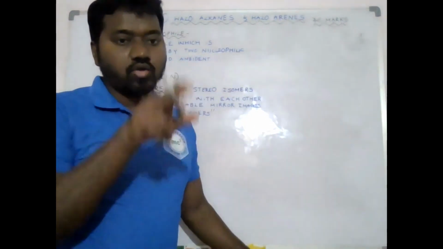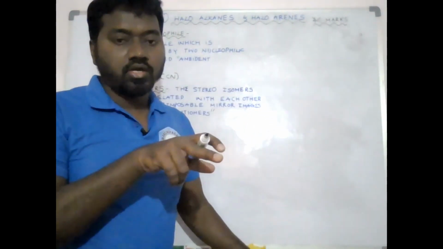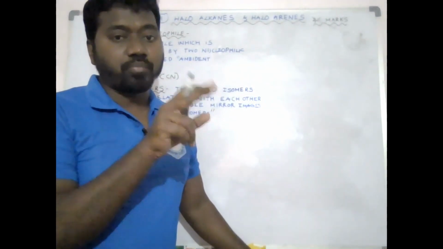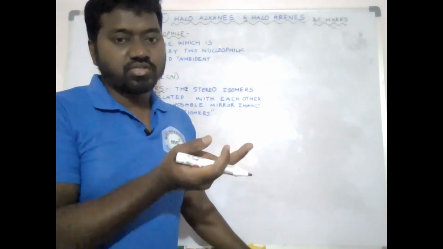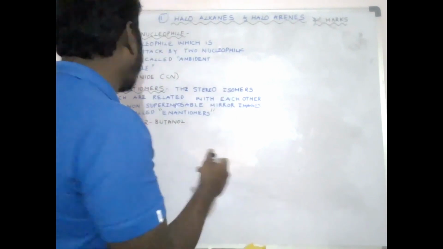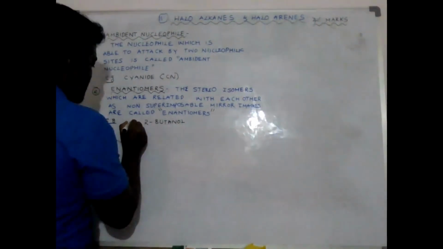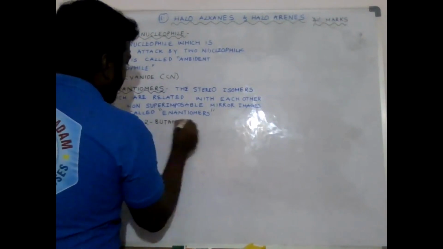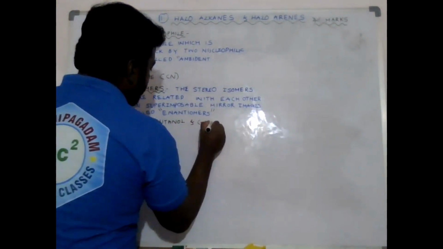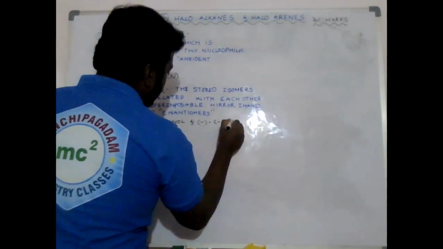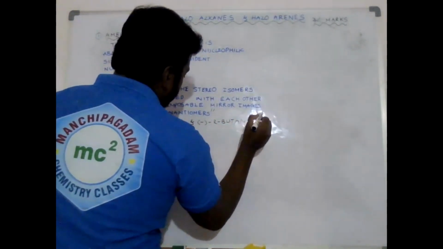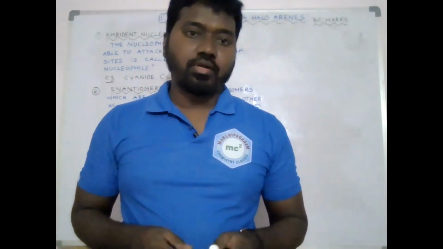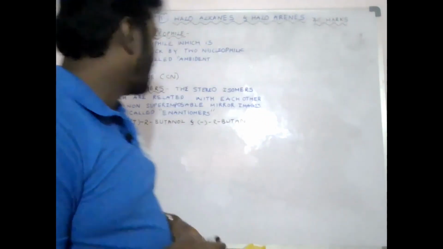One rotates clockwise, another rotates anti-clockwise. The one rotating clockwise is marked with a plus sign, the other with a minus sign. Both are plus 2-butanol and minus 2-butanol. This is the example for enantiomers, non-superimposable mirror images.